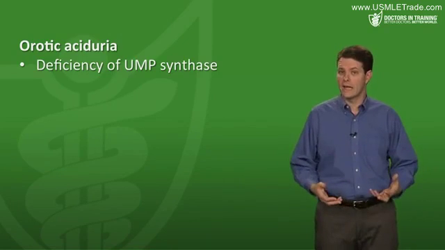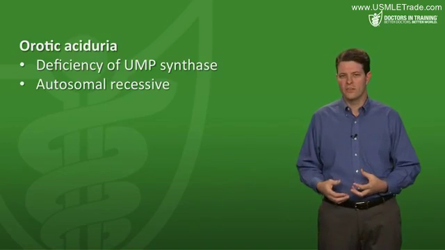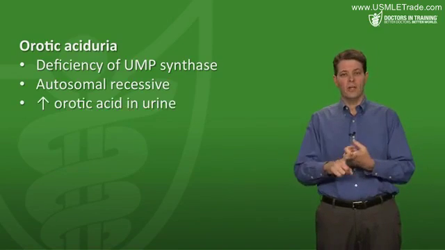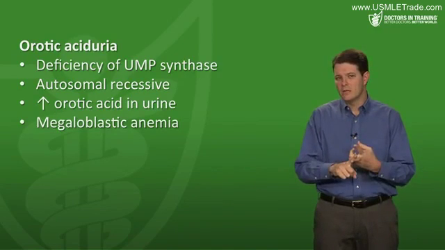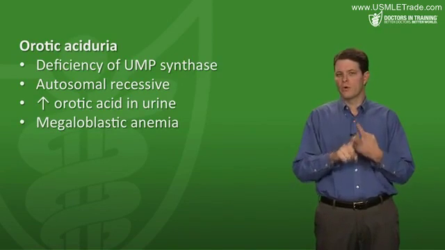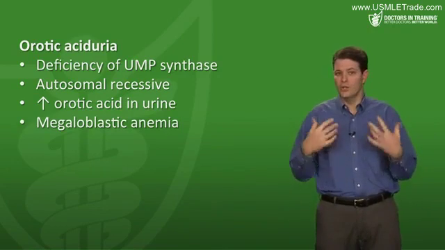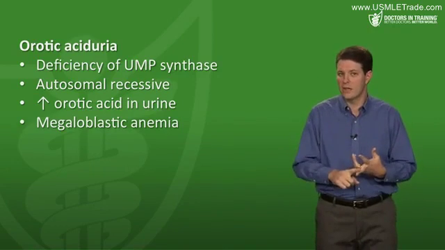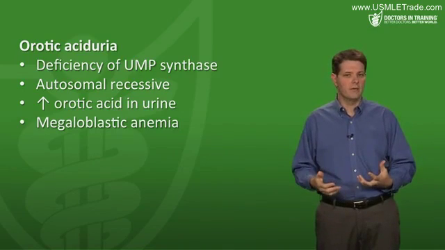It's orotic acid. But orotic aciduria is an autosomal recessive disorder, and it causes elevated orotic acid in the urine and also megaloblastic anemia. So these patients aren't able to make pyrimidines, and that's a problem for rapidly dividing cells that require a lot of new DNA, such as hematopoietic cells. So this is going to be an unusual cause of megaloblastic anemia.